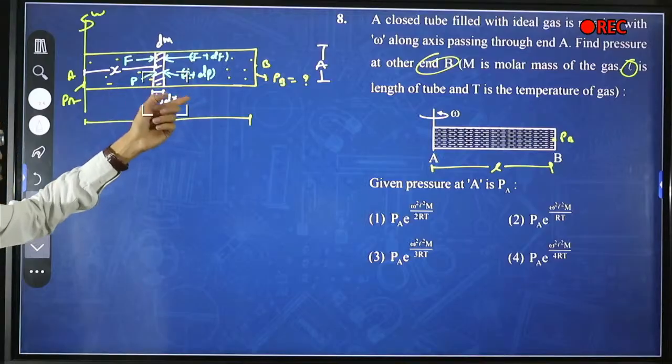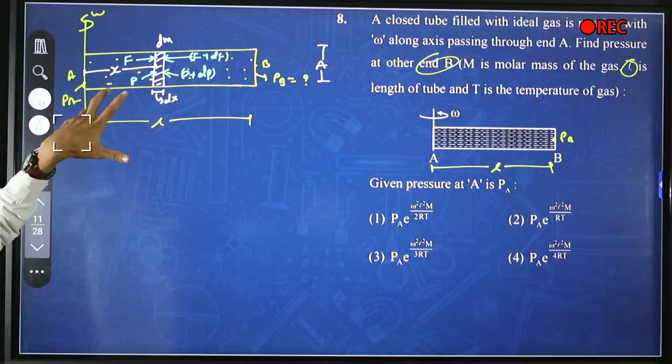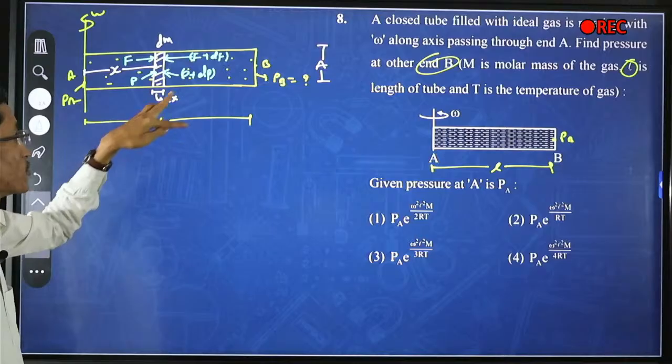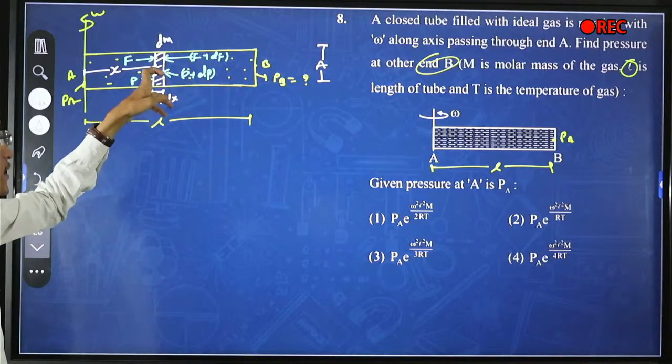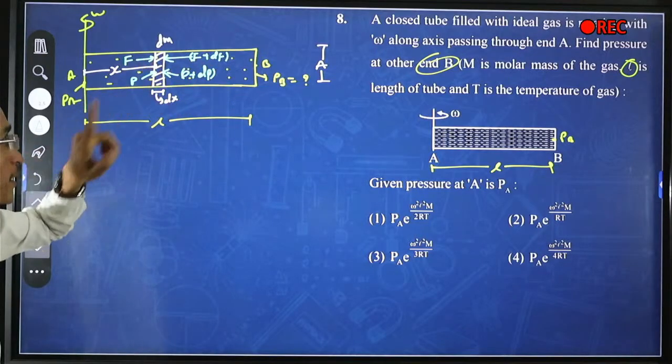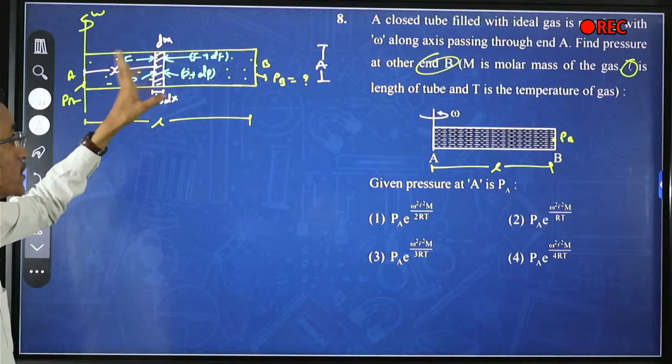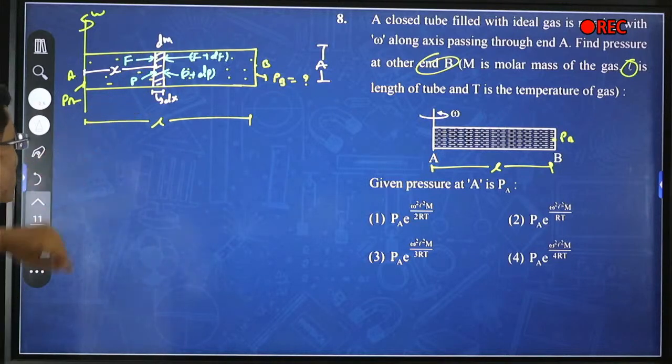So, some other force of same magnitude and direction opposite of dF will be acting on this small element, and that force is also rotational or due to circular motion.